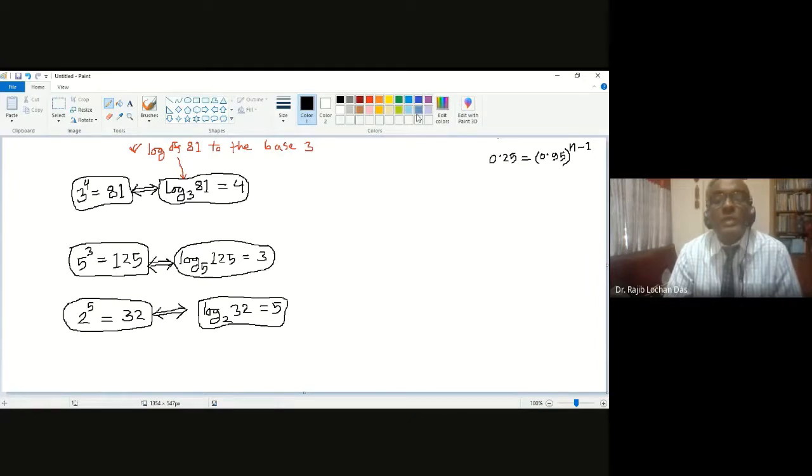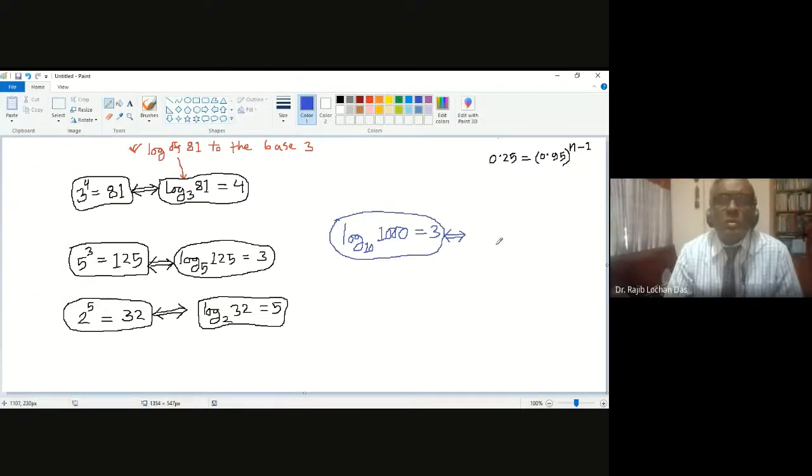Now tell me, if I write log 1000 to the base 10 is equal to 3, what do you understand by this? What can you write for this without log? 10 cubes, sir.